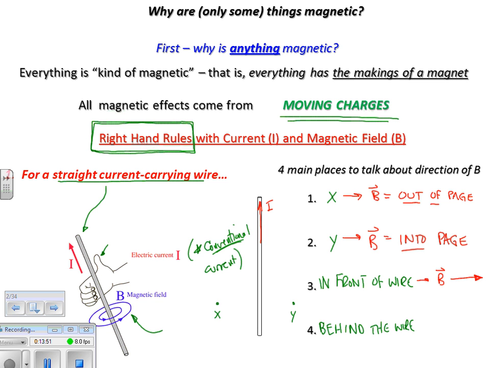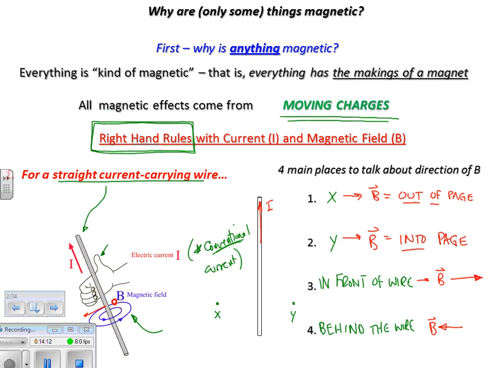And if you wrap your fingers behind the wire, looking tangent to this circle, it points that way, to the left. So B is to the left.